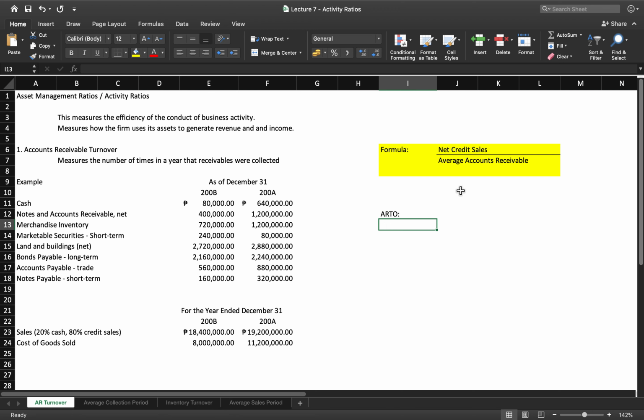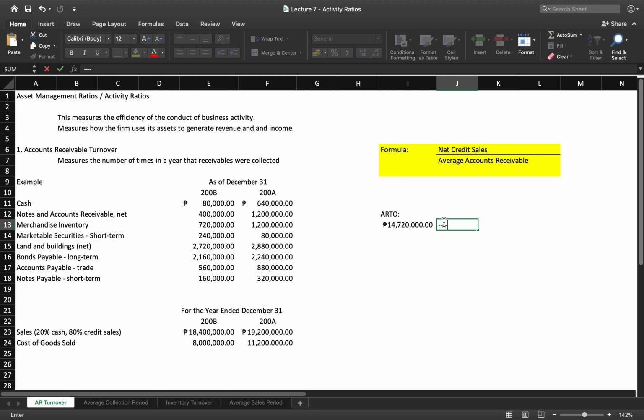So net credit sales, and therefore we only take the 80%. So 18,400,000 multiplied by 80%. Because the 80% pertains to the credit sales.